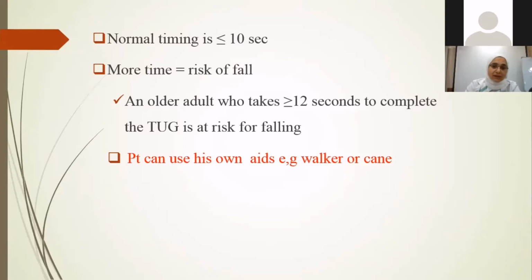More time means more risk of fall and recurrent falls. In this test, the patient can use his own aids like a walker or cane, but it shouldn't be with physical assistance. We're not giving the patient any physical assistance.